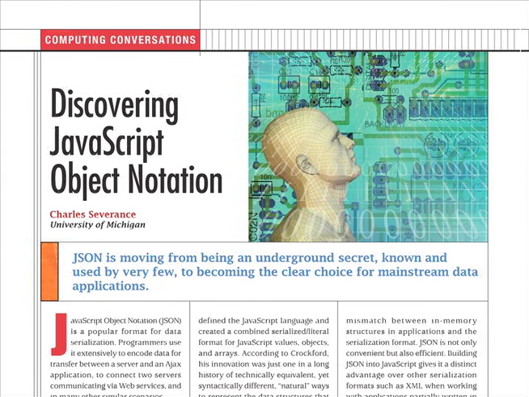In a sense, JSON-LD is just another language using JSON as its alphabet. JSON is moving from being an underground secret, known and used by very few, to becoming the clear choice for mainstream data applications. But perhaps what's most exciting is its value-add capabilities that will become a part of the developer's toolkit as JSON increasingly takes over the heavy lifting of data encoding and interchange.